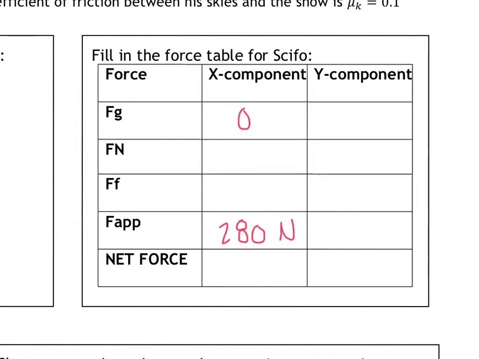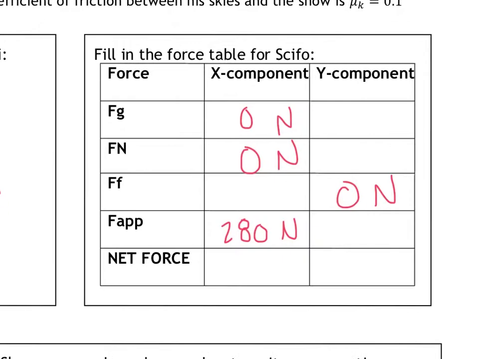We know the horizontal component of the force of gravity is going to be 0 newtons. The horizontal component of the normal force is going to be 0 newtons. Force of friction we don't know, but we also know that there's no force of friction in the y direction. So there's going to be 0 newtons there. We also notice the applied force acts to the right and has no y component.